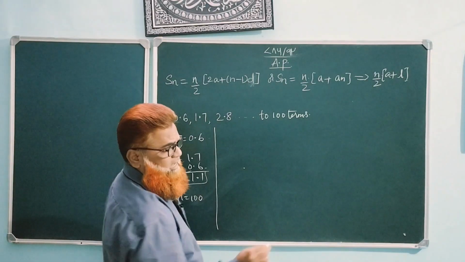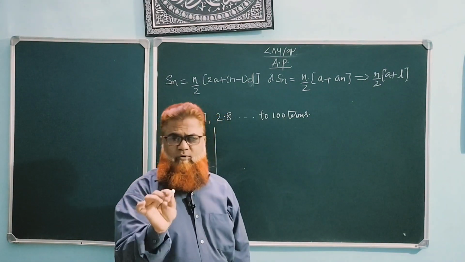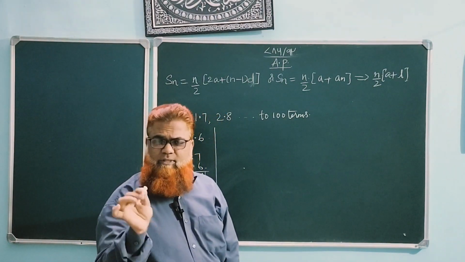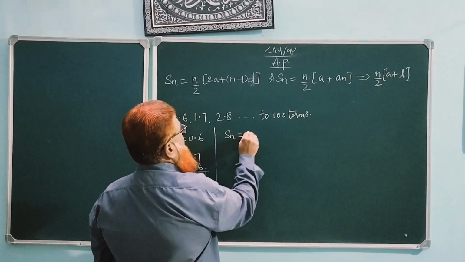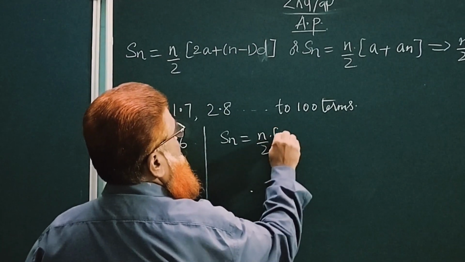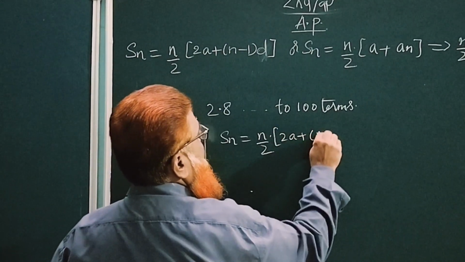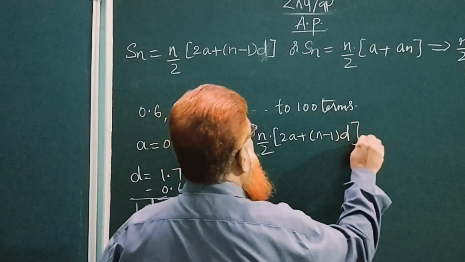Again I repeat the formula; I keep writing it again and again so that you get practice. Sn is equal to n by 2 into (2a plus (n minus 1) into d).